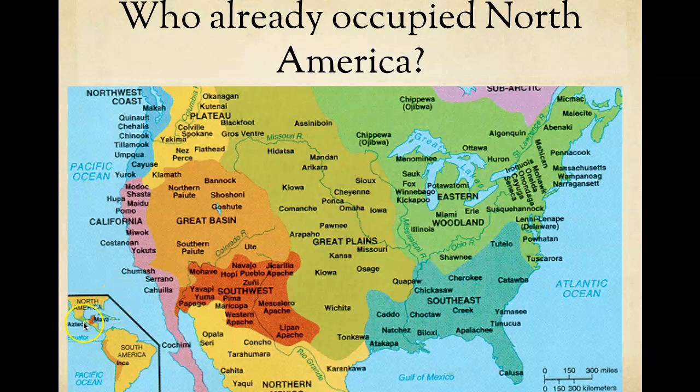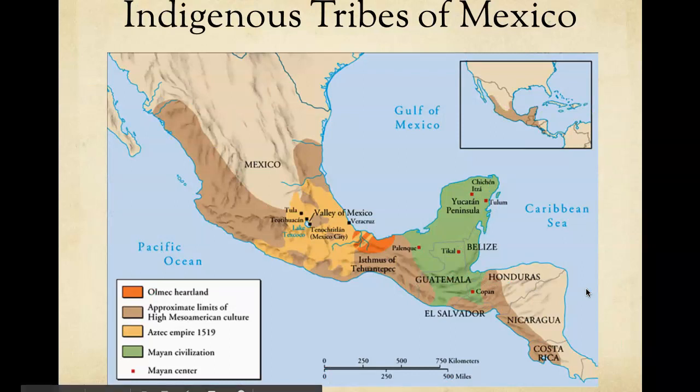And you can see here you have the Aztec and the Maya into Central America and the Inca in South America, but we'll get to those more later. So here are the indigenous tribes of Mexico. You have the Olmec here in orange, the Aztec and the Maya, and then there was a bunch of little indigenous groups living in the brown areas.